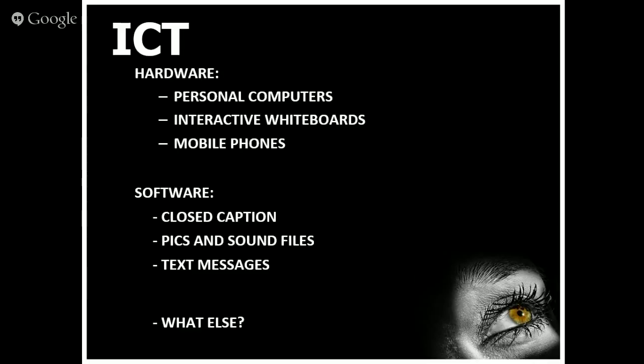And the software is something that you cannot touch. Closed captions, software, files, text messages. Do you know what I mean? That's the main difference between hardware and software. Two big groups for classifying these ICT tools, meaning that TED Talks would be in the hardware or in the software? A TED Talk. What do you think?